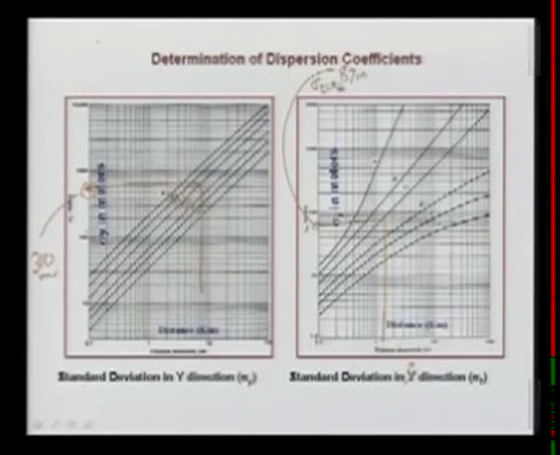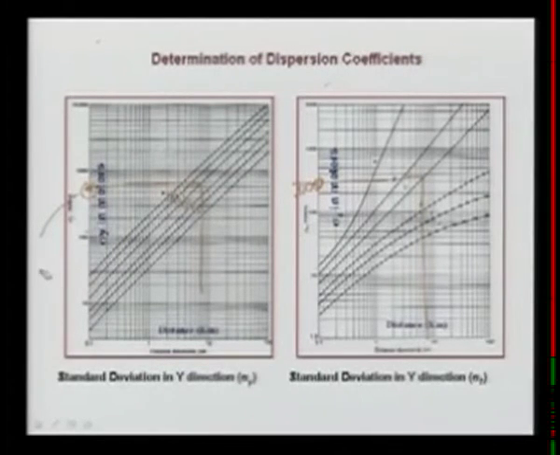Similarly for sigma z, 8 kilometers, 10, 9, 8, hit C somewhere here, that value comes out to be this.